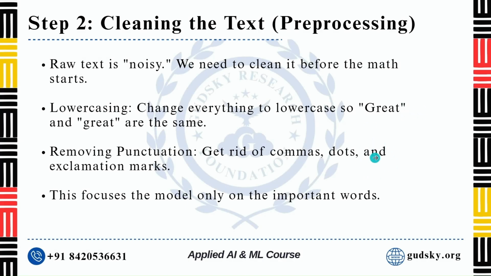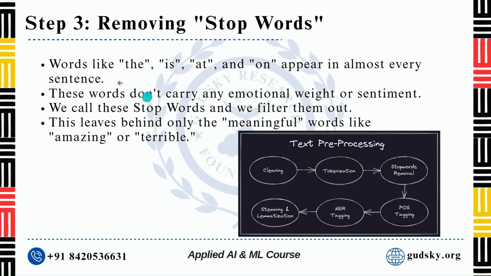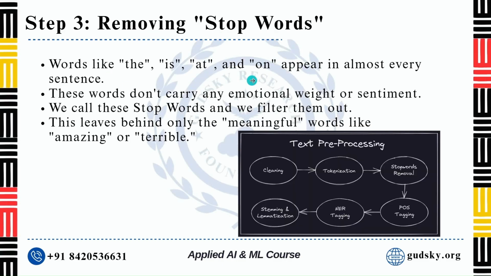Here we are. Let's move forward: removing the stop words. In English, we use words like the, is, and constantly. These are called stop words. Since they appear in both happy or sad reviews, they don't tell us anything about the emotion. We filter them out entirely so that the model can focus on the juicy words that actually carry sentiment, like fantastic or disappointment.